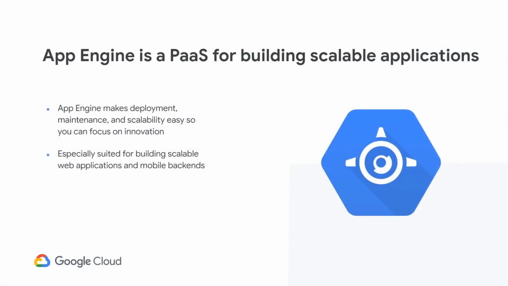It's platform as a service for building scalable applications. We make deployment, maintenance, and scalability easy. All you have to worry about is the code. It's great for building simple applications or even complex ones, mainly web applications because it's internet facing, but you don't worry about IP addresses or any of that. You just worry about writing code.